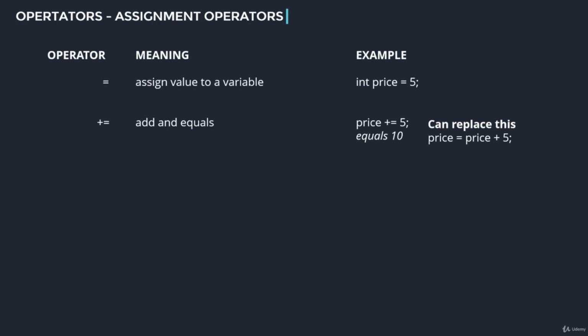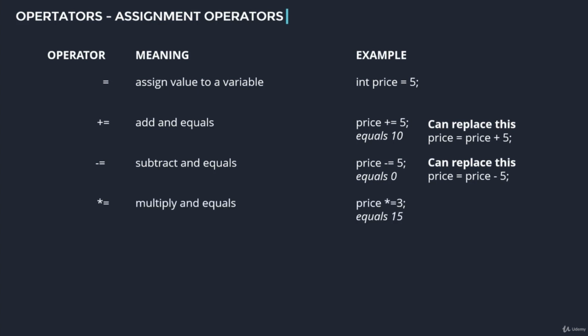Okay, the next one is subtract and equals. It takes price with value 5, subtracts 5 and assigns 0 to the price variable. And on the right you can see what we can replace with this. Then multiply and equals. 5 is multiplied by 3 and price will be 15 in that case.